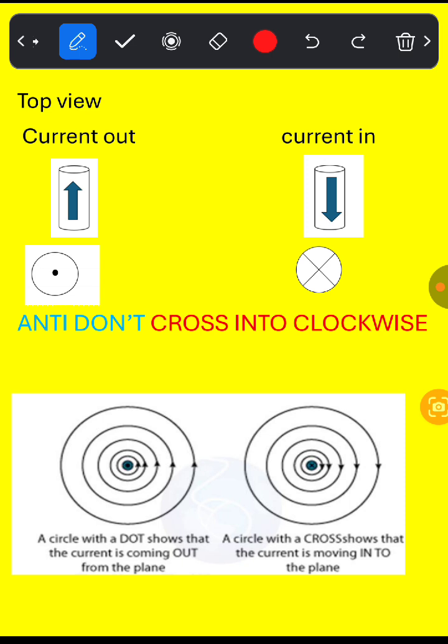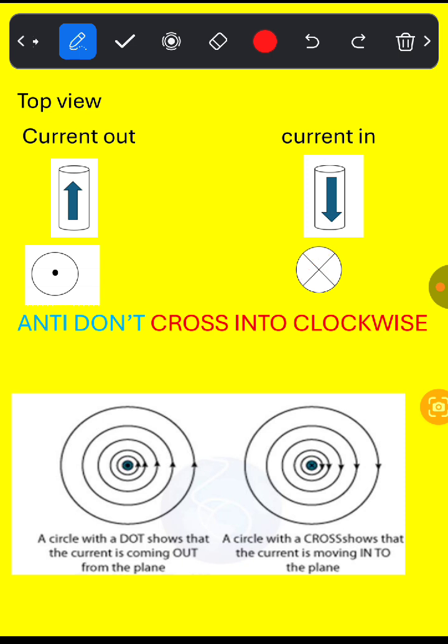Then in this case, this top view is indicated here like this. This is the top view, to indicate that the current is going into the page. To show that the current is going in, we use a cross like this.